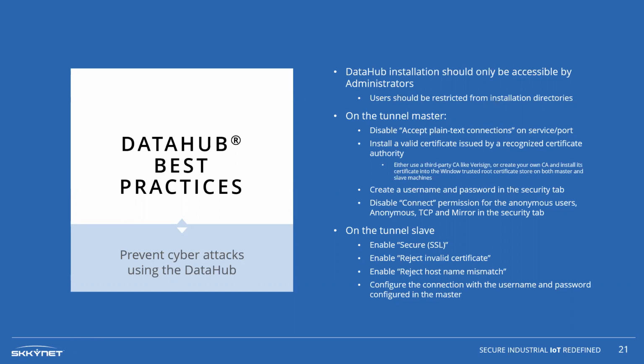And this is important because now we have only required users accessing the DataHub. On the tunnel slave, enable SSL, reject your invalid certificates, reject your hostname mismatch, and configure the connection with usernames and passwords. Doing this will prevent anyone from breaking through. And that's really the key.